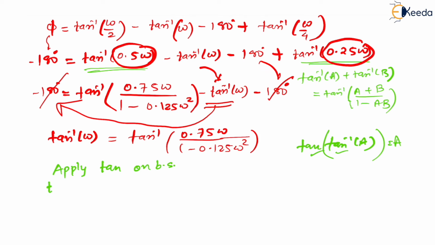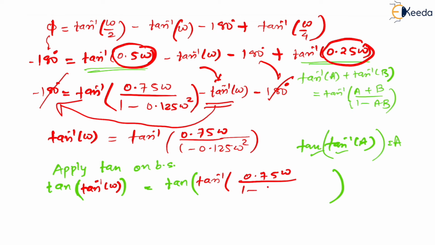So if you apply tan here, on the left you get tan of tan inverse omega, and on the right tan of tan inverse of 0.75 omega upon 1 minus 0.125 omega squared. Now tan and tan get cancelled, so you get omega equal to 0.75 omega upon 1 minus 0.125 omega squared.